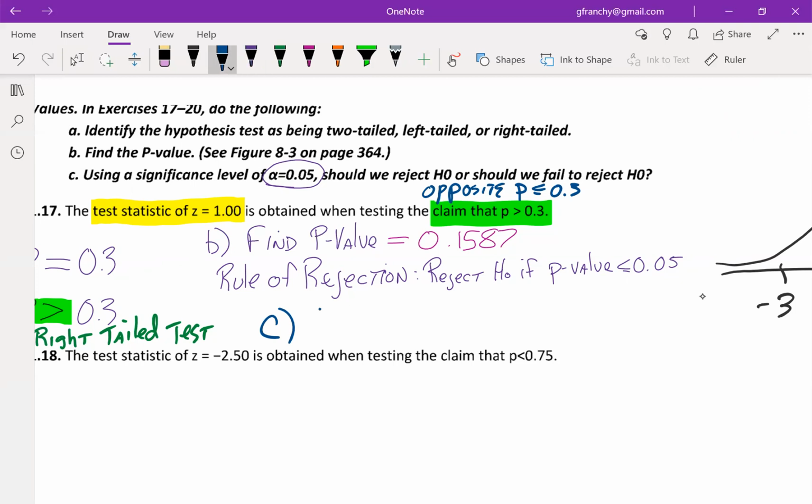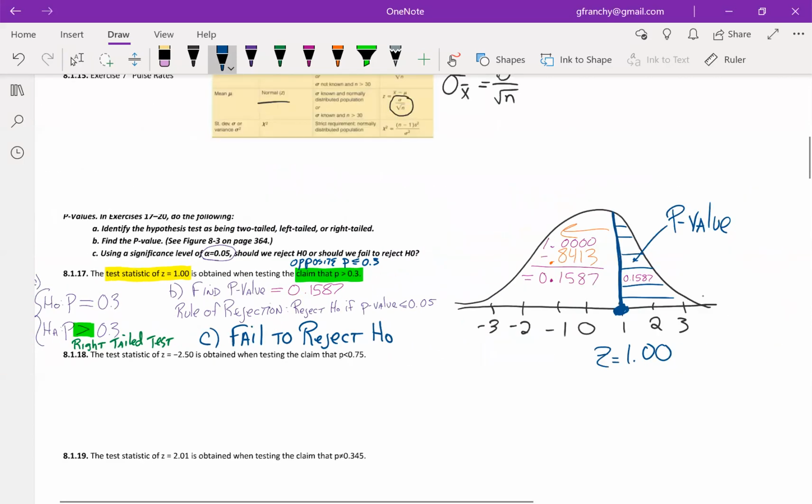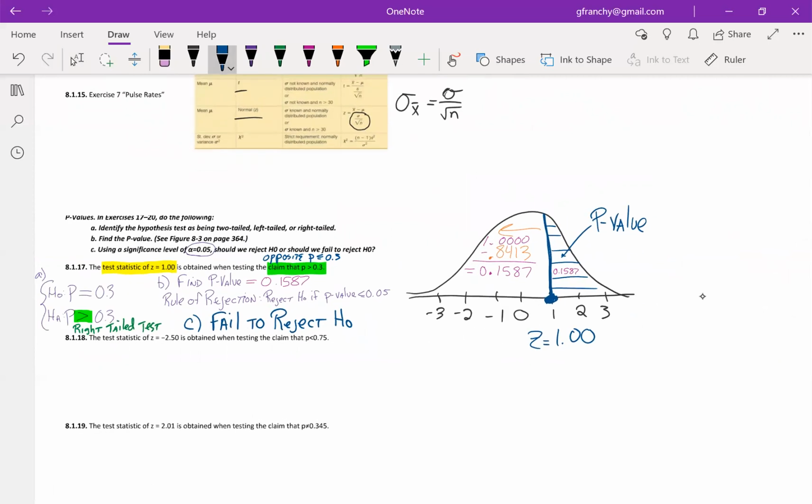So in this case, we fail to reject the null hypothesis. What this means is that our sample result is consistent with the idea of a true proportion being 0.3. That's what we assumed for this question.